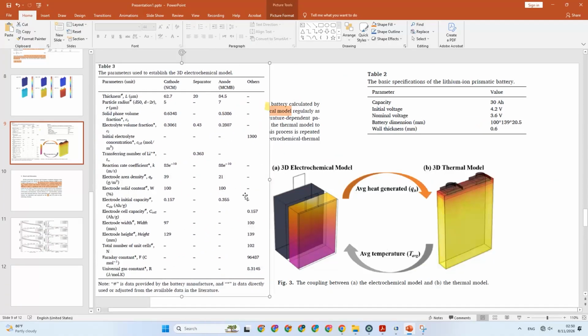Yes, maybe here we have 97 electrode width for cathode, and 100 for the other. It's so weird. And here it talks about electrode height 129. Uh, 97.